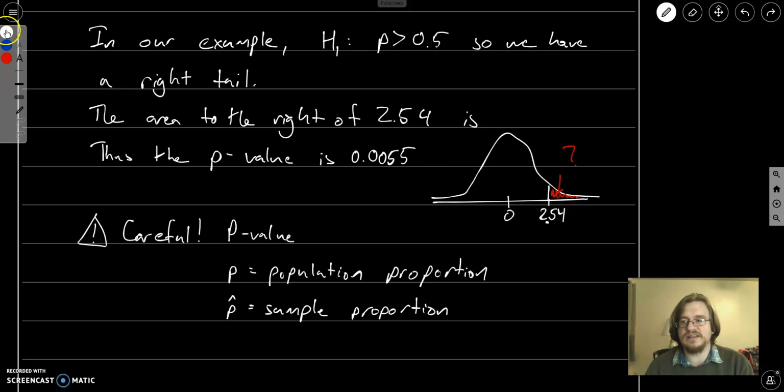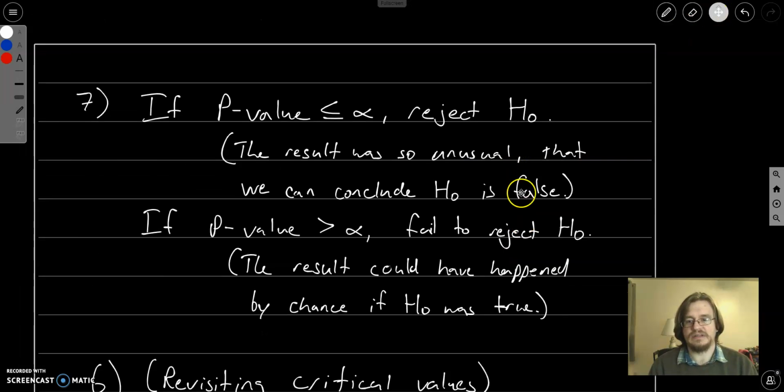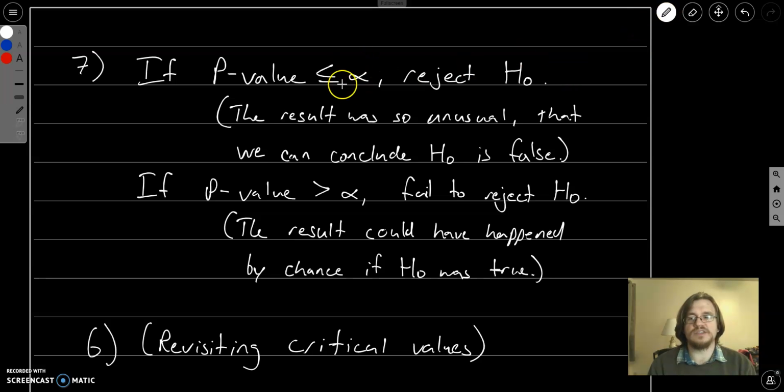So the question is, what do I do with my p-value? The probability of getting this test statistic, or a more extreme one, is 0.0055. That's quite low. If the p-value is smaller than our significance level, we get to reject H0.